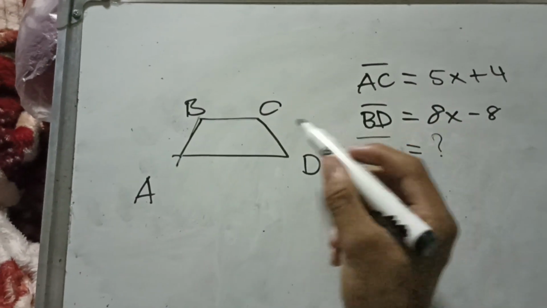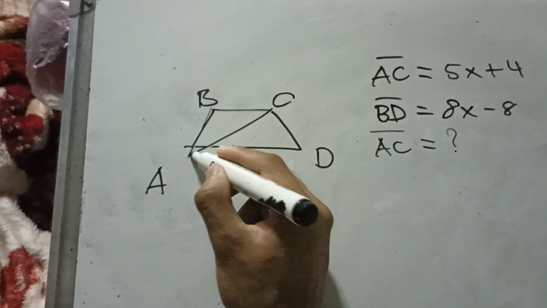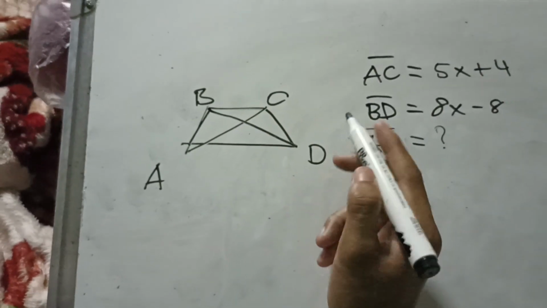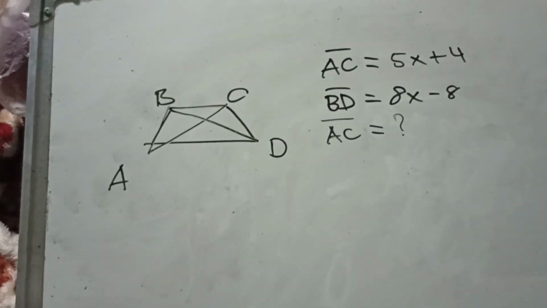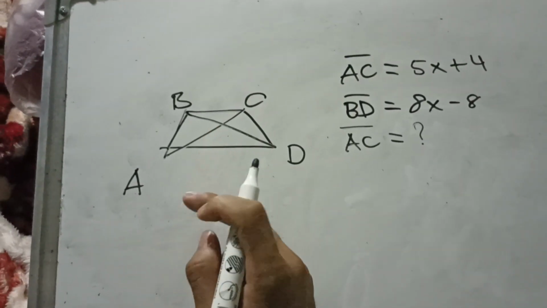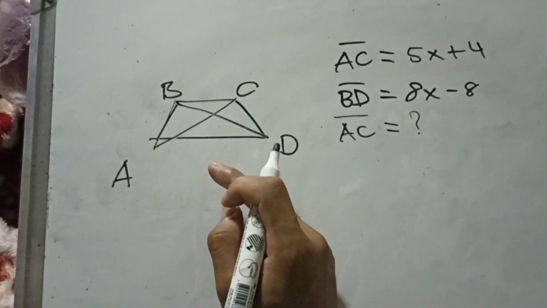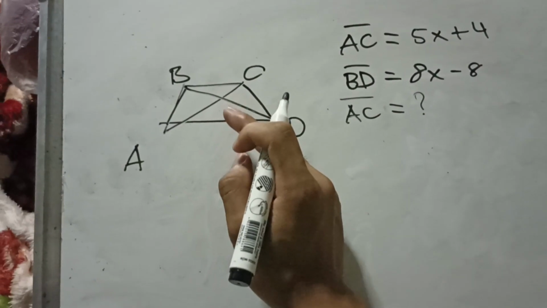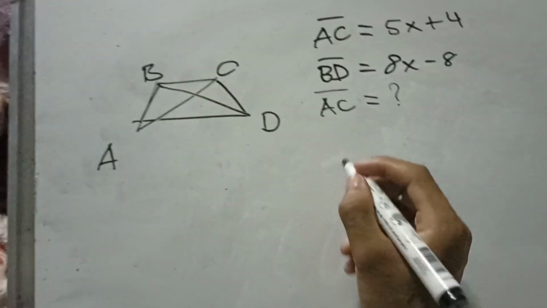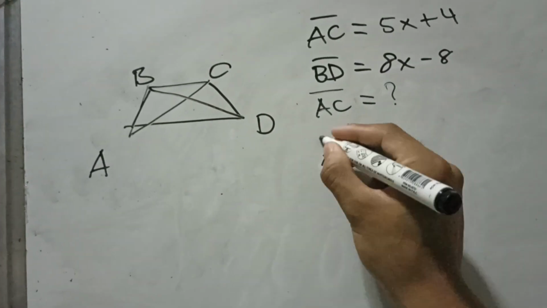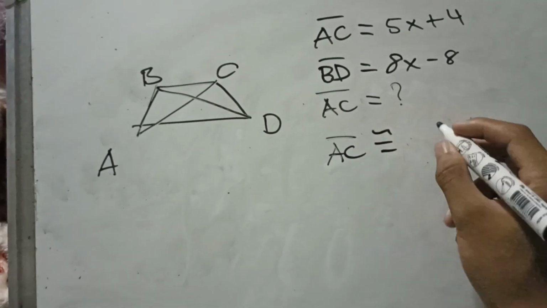Now, line AC, we cannot see it, but we can just show it. And line BD is a diagonal. So, we all know in the properties of an isosceles trapezoid that the diagonals are congruent. That means line AC is congruent to line BD.